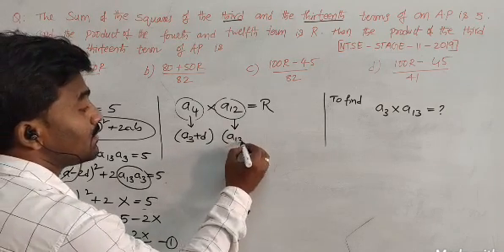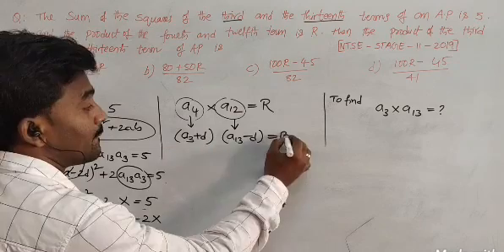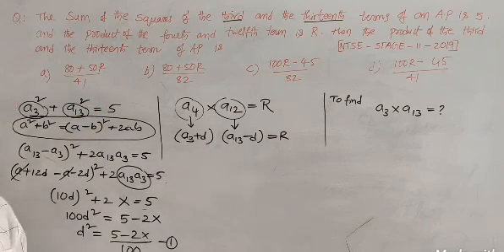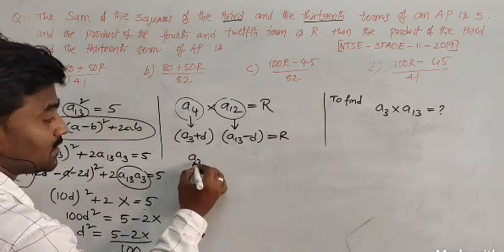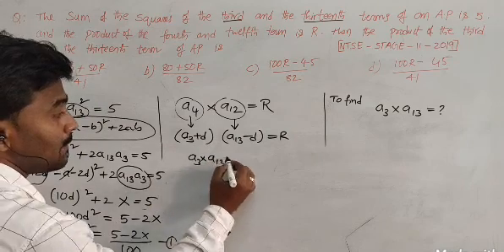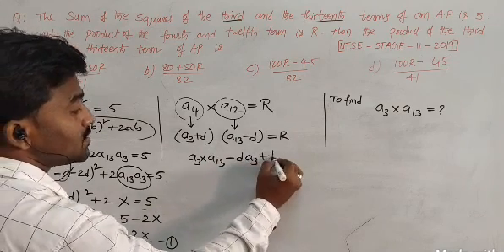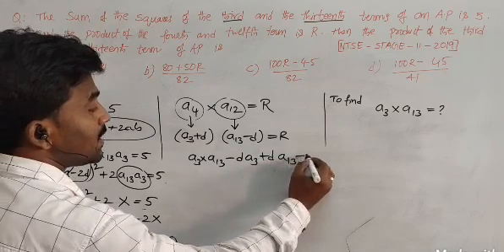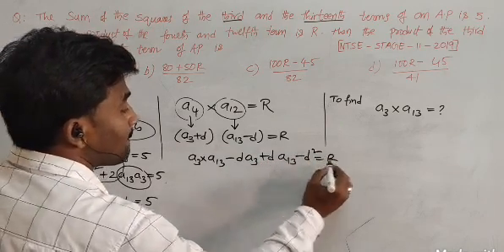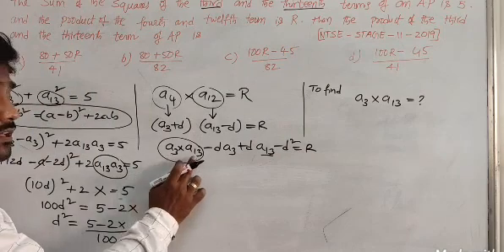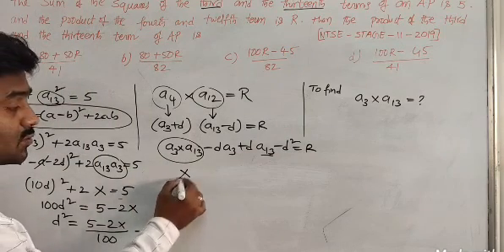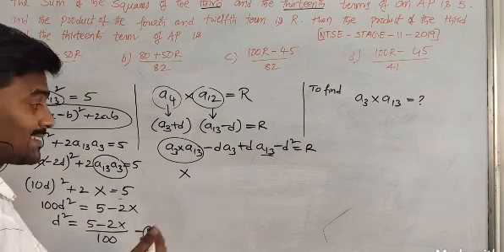So A3 plus D into A13 minus D is equal to R. Now multiply both brackets. A3 into A13 minus D into A3 plus D into A13 minus D square is equal to R. A3 into A13 is equal to x.